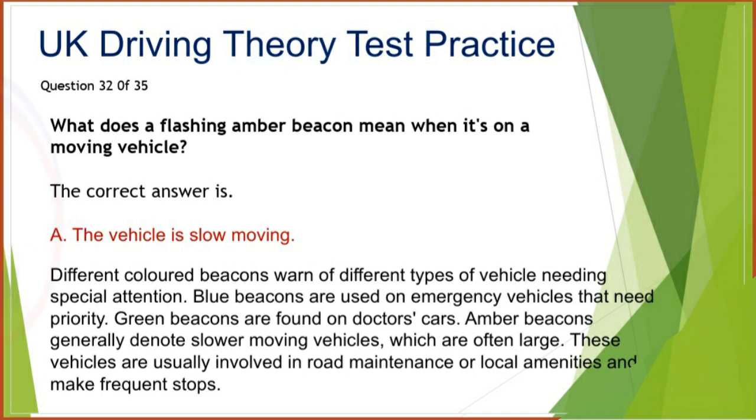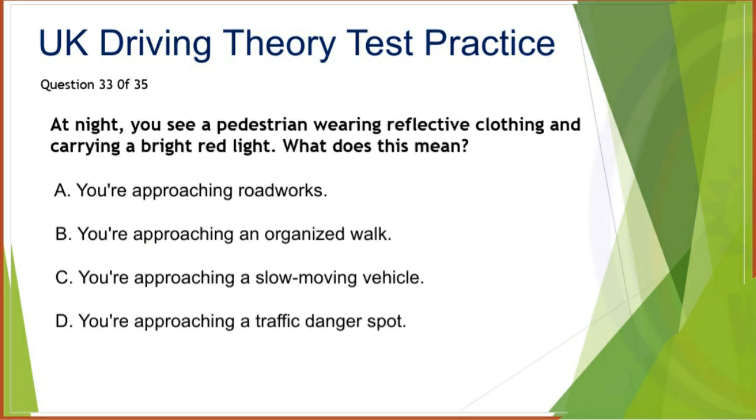Blue beacons are used on emergency vehicles that need priority. Green beacons are found on doctors' cars. Amber beacons generally denote slower moving vehicles, which are often large.